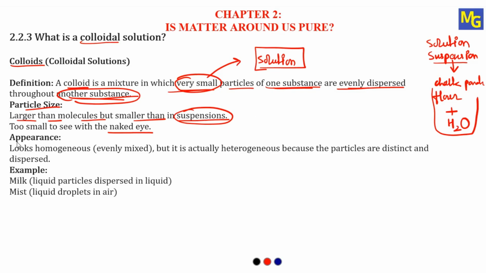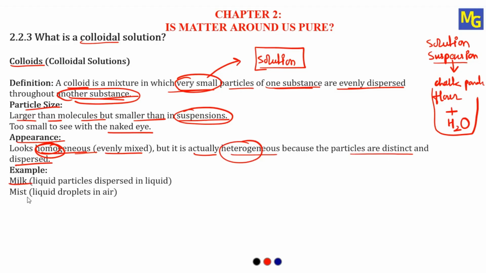Now, the next is appearance. How the colloidal solution looks. It looks homogeneous. Homo means equal, so evenly mixed. So remember, colloidal solution also looks homogeneous, that is evenly mixed, but it is actually heterogeneous because the particles are distinct and dispersed.